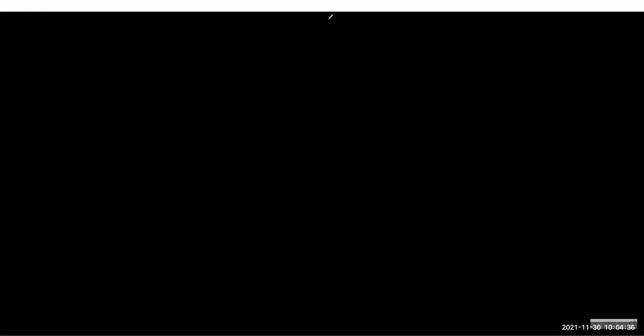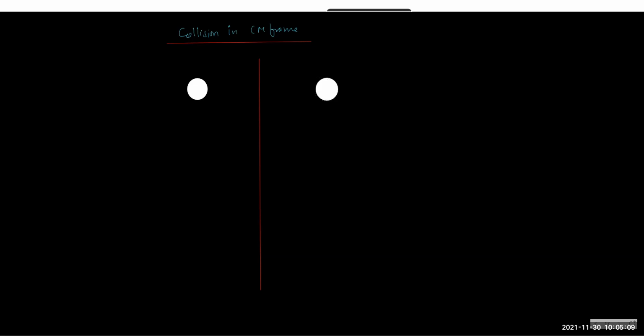So let's take the collision in CM frame. So imagine we have two objects or two balls you can take, and both are moving with some velocity.